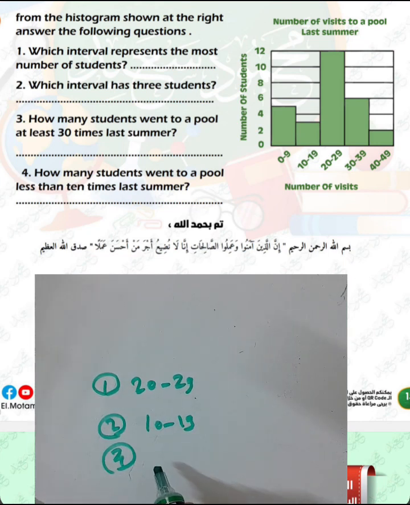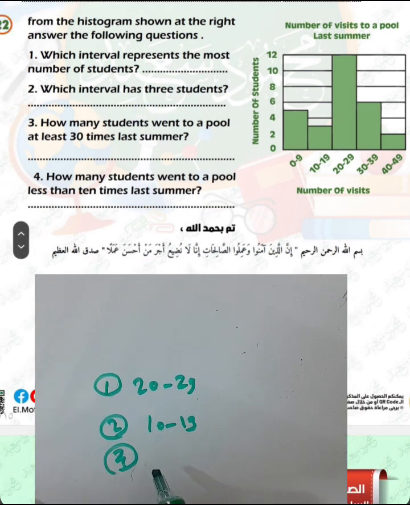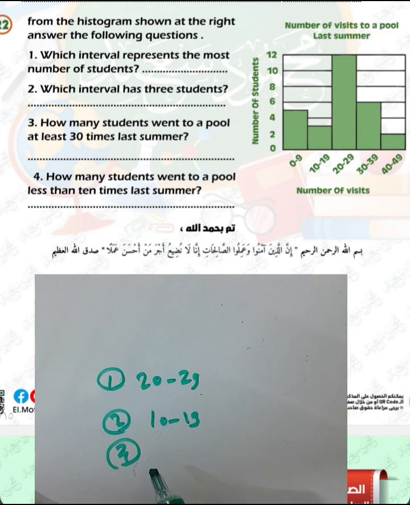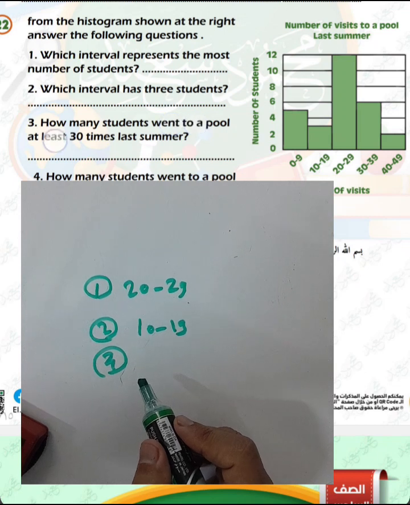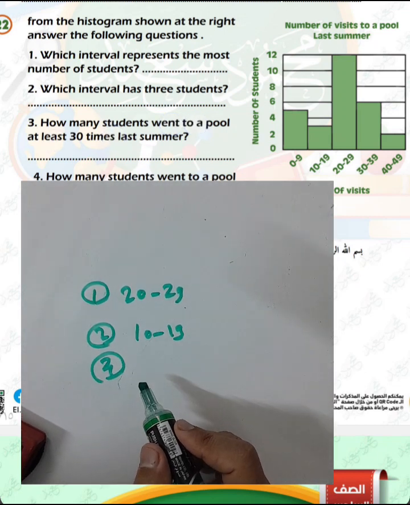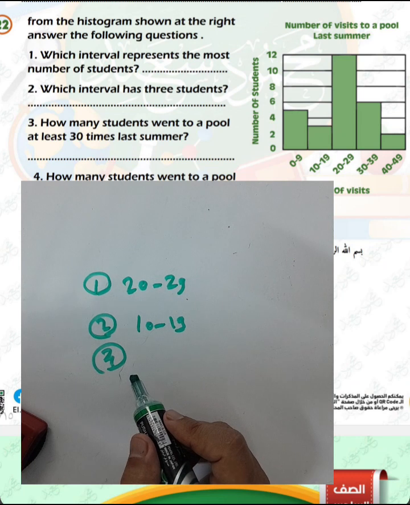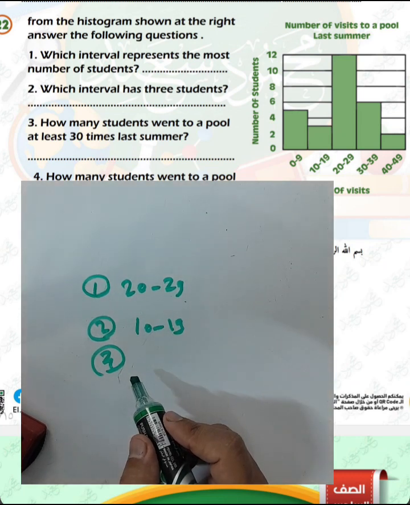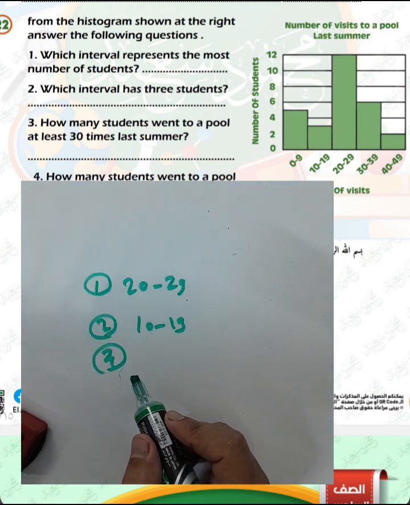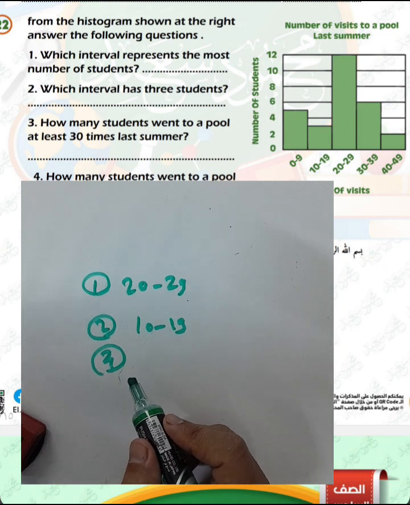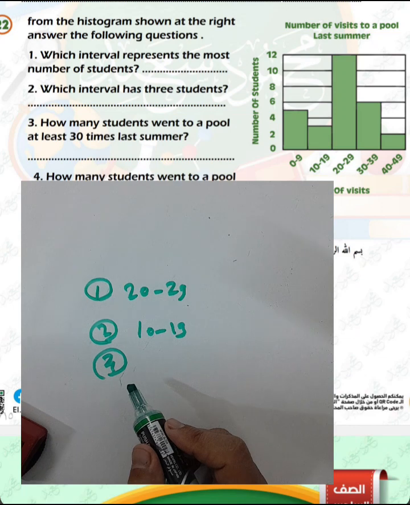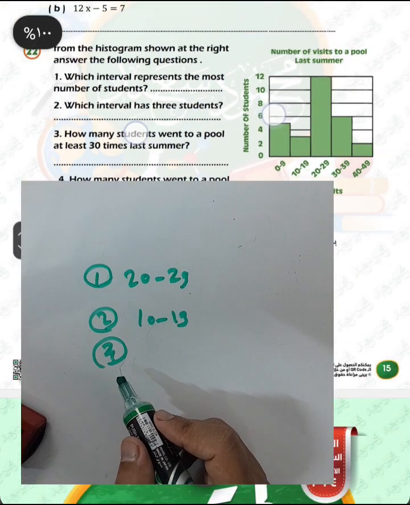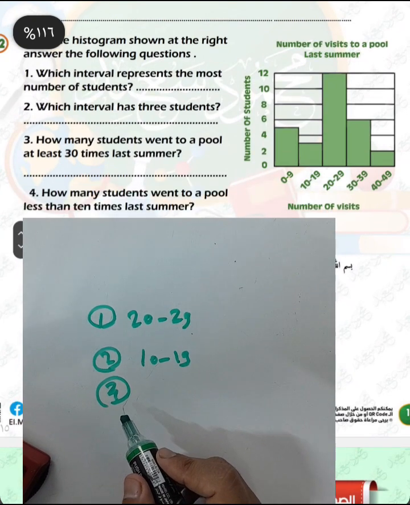Question number 3, how many students went to the pool at least 30 times last summer? We have here the number of students, and on the horizontal axis the number of visits.